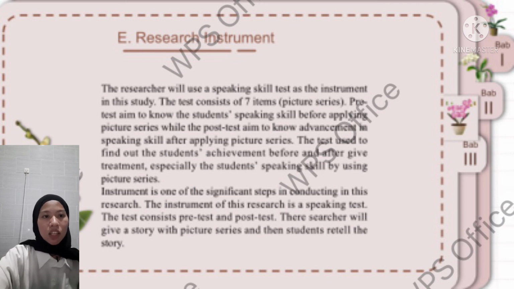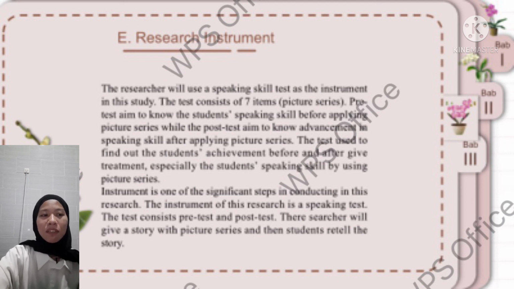The test is used to find out the student's achievement before and after the treatment, especially the student's speaking skill by using picture series. Instrument is one of the significant steps in conducting this research.